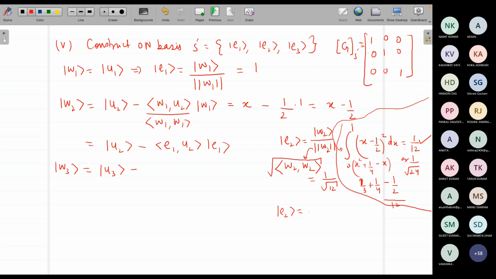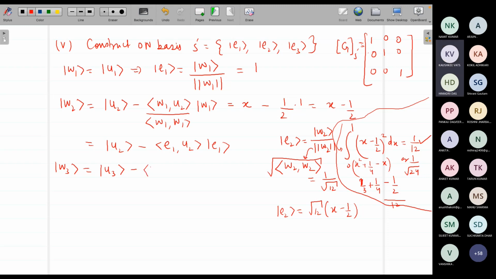Root 12 into x minus 1 by 2. All right, root 12 x minus 1 by 2. Okay. What about W3? It is U3 minus what? Which component will I have to remove? Both.